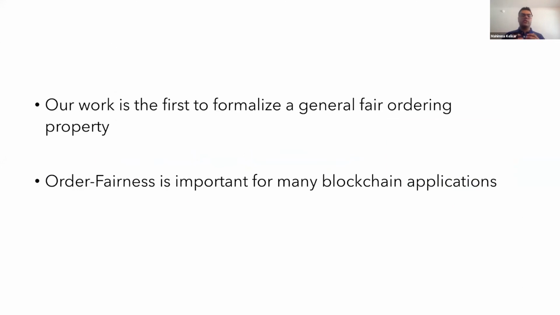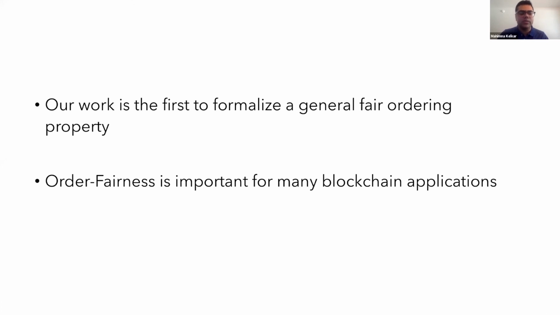So just to sum up this work and talk about the upshots, our work is the first one to formalize a fair ordering property that's general for this consensus abstraction. But there's, I think, a long line of future work ahead.